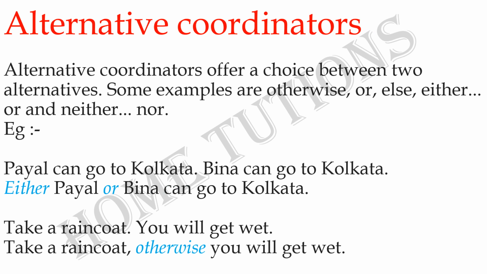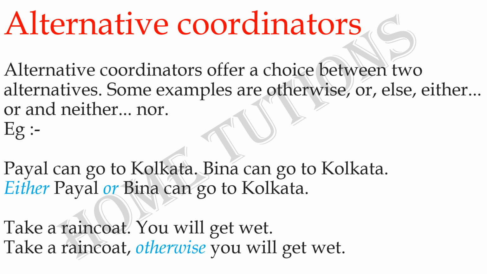Alternative coordinators. Alternative coordinators offer a choice between two alternatives. Some examples are otherwise, or, else, either or, and neither nor. Example: Payal can go to Kolkata, Beena can go to Kolkata.